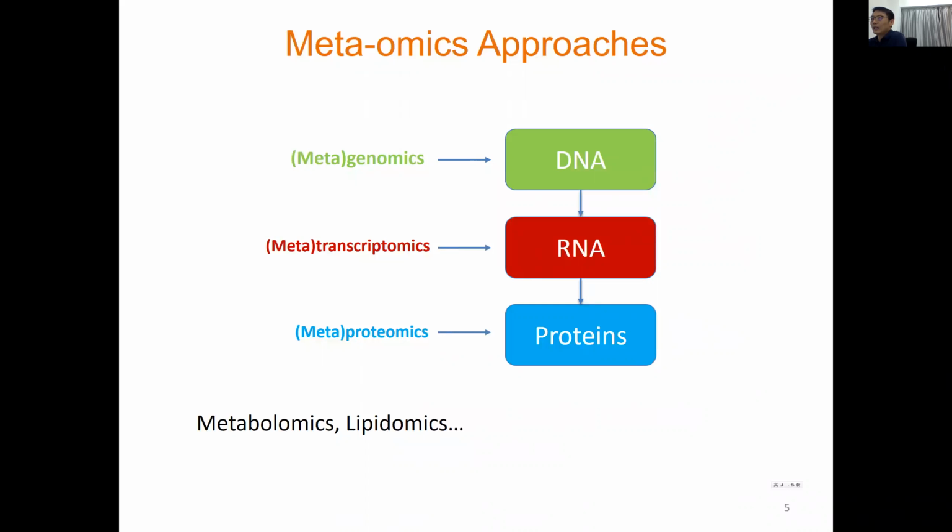Here, I would like to explain a little bit about the difference between genomics and metagenomics. Metagenomics is used to study the genomic material recovered directly from the environmental sample, while genomics usually means the study of the genetic material of one organism, or pure culture bacteria, pure culture archaea.